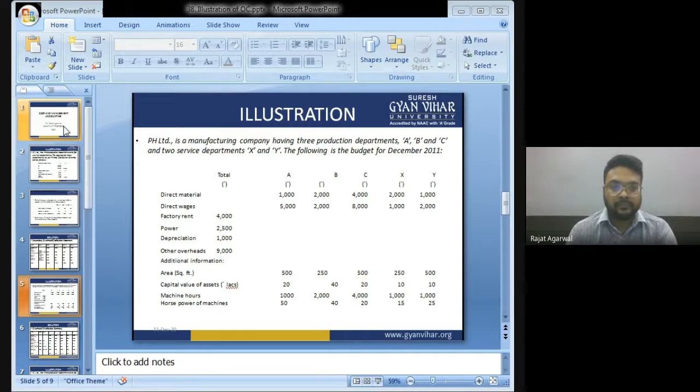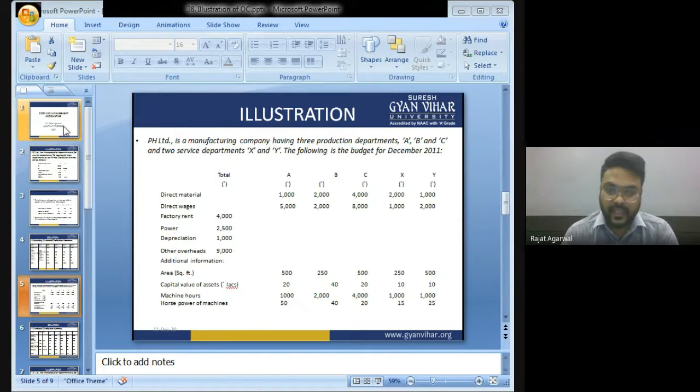Area: A 500 square feet, B 250 square feet, C 500 square feet, X 250 square feet, Y 500 square feet. Capital value of asset: A 20, B 40, C 20, X 10, Y 10.